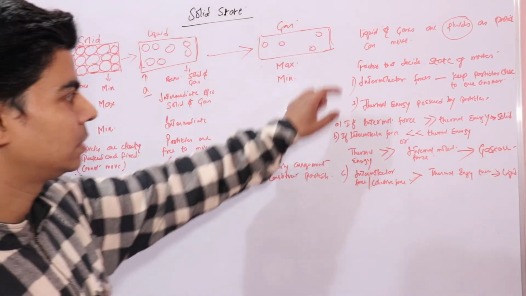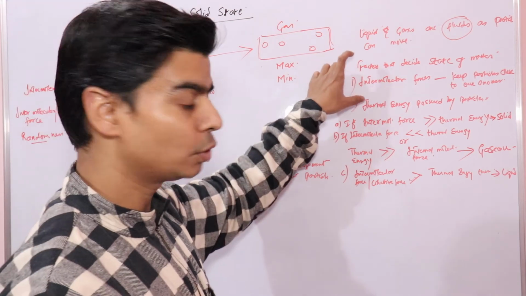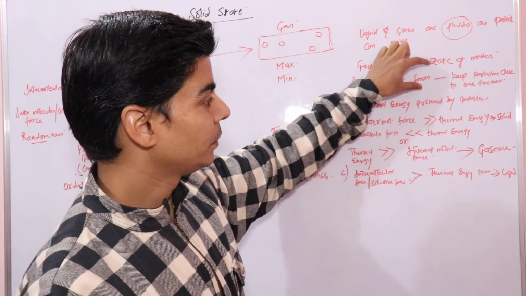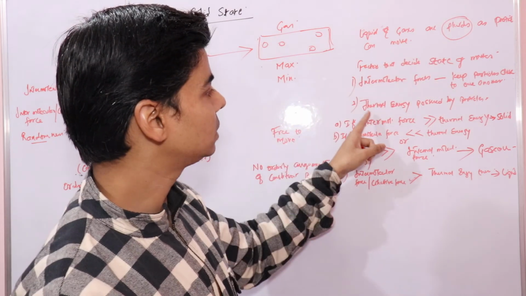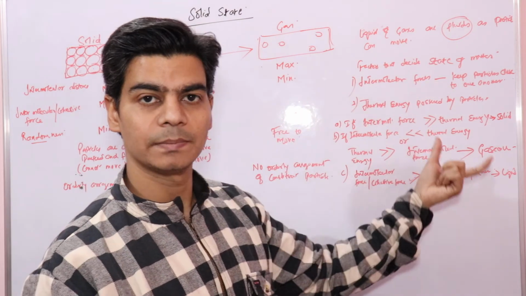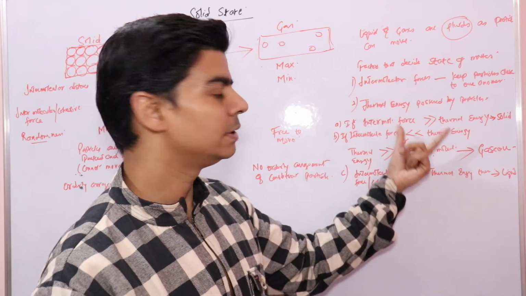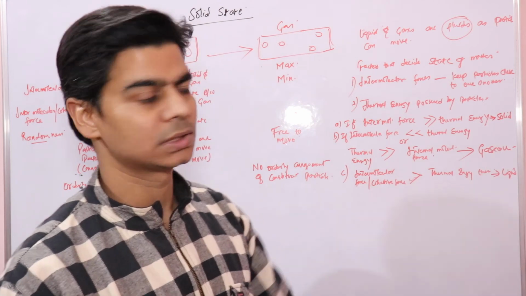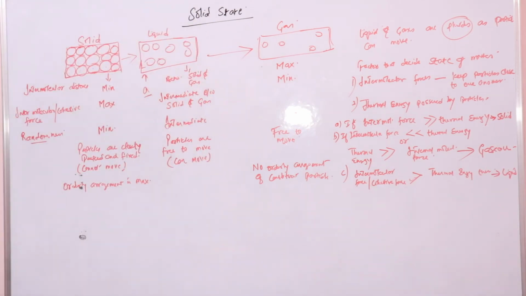So these are the two opposing factors: intermolecular force, which we also call cohesive force between the particles, and the thermal energy possessed by the particles. That will decide whether the matter will exist in solid, liquid or gaseous state, right? So this is important.